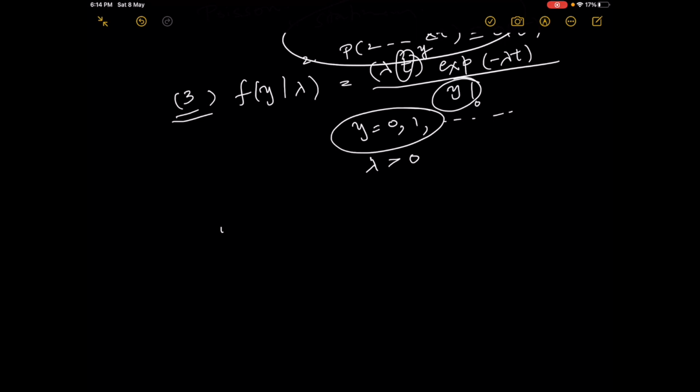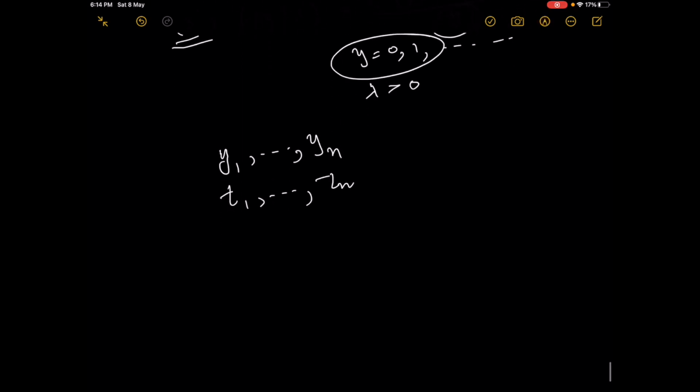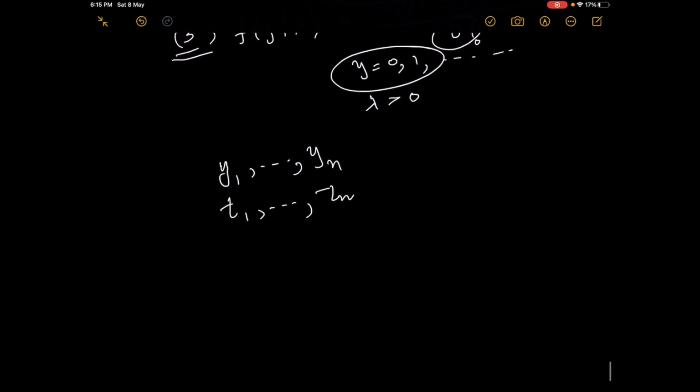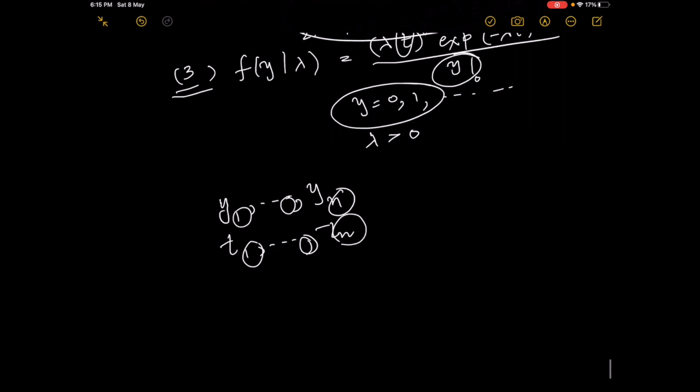So if there are, say, n failure counts in time periods of length, say, t1, t2, tn, then under conditional independence and constant lambda, the likelihood function will consist of the product of the individual likelihood functions of these 1 to n components, each specified by expression 3.